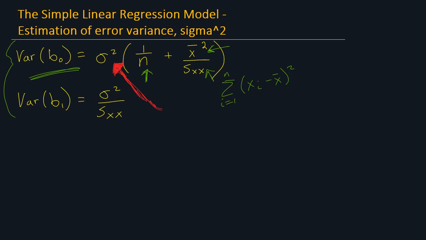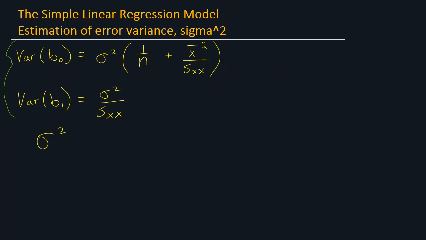Just as a reminder, what is sigma squared? Let me write this down over here. Sigma squared is the variance of the model error. Remember, our model is yi equals beta naught plus beta 1 xi plus epsilon sub i.